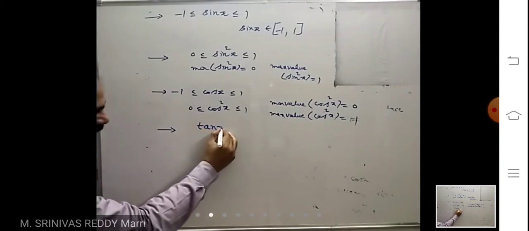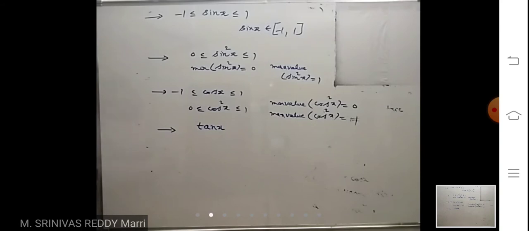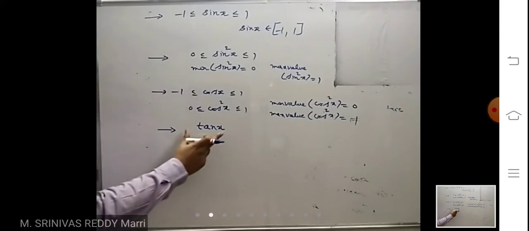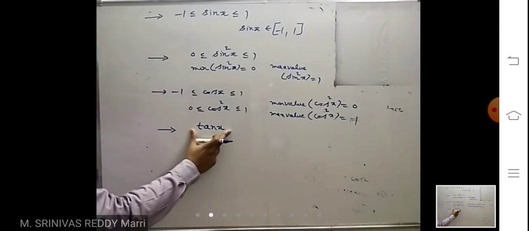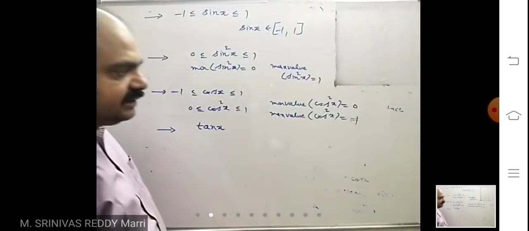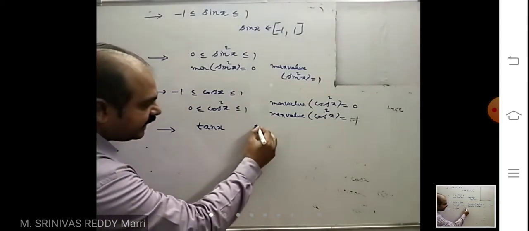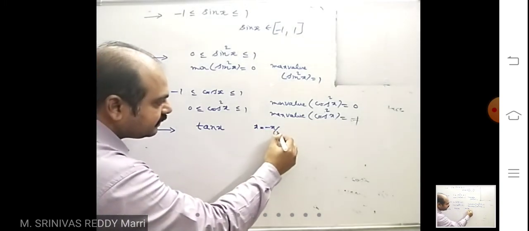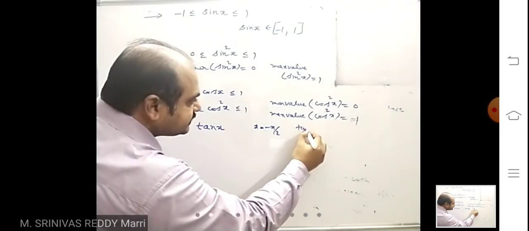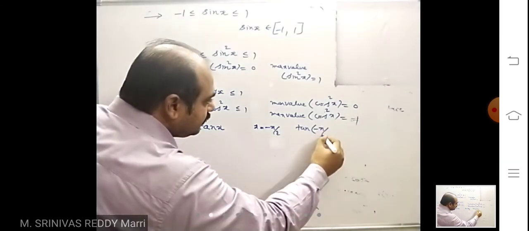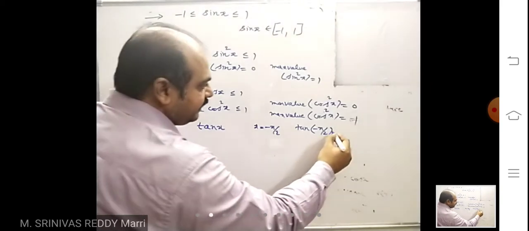Tan x. Suppose tan x is there. Right? So tan x. Suppose you got the values. So suppose if you substitute x equal to minus pi by 2, what you will get? Tan of minus pi by 2.